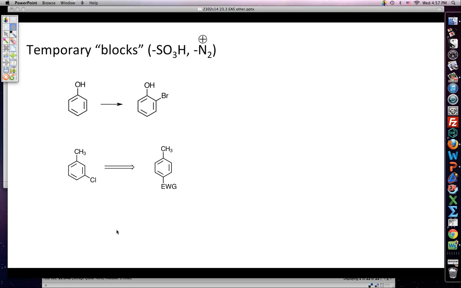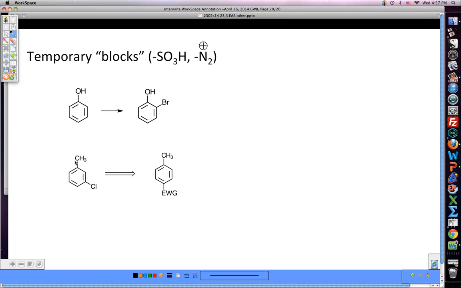The other example is this one, which is very clever. And that's basically that you can make, wow, how can you do this? This is an ortho para director. This is an ortho para director. How do you get them meta to one another? Well, the way you can get that to work is, well, check out the book.